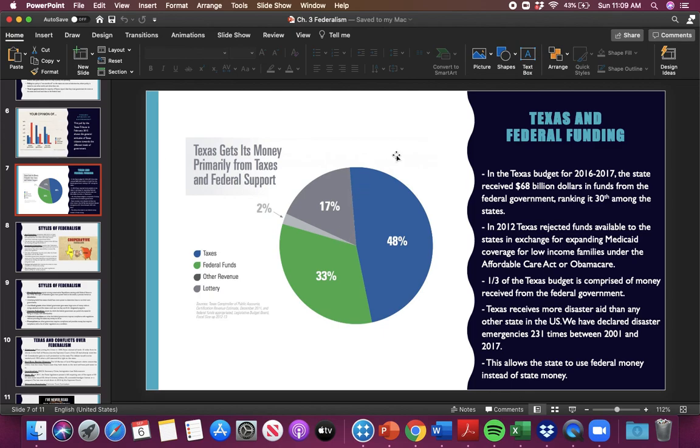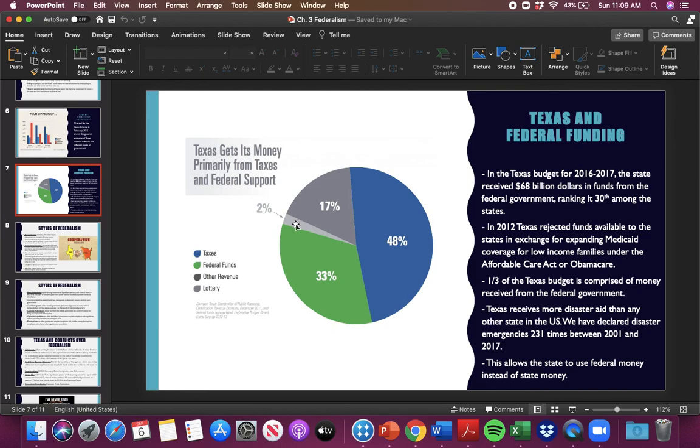This was our budget for the 2016-2017 budget cycle. You can see 48% of our budget comes from taxes raised within the state. 17% is other revenue, and this can be fees, fines, all kinds of stuff like that.